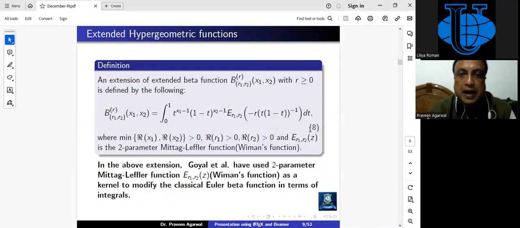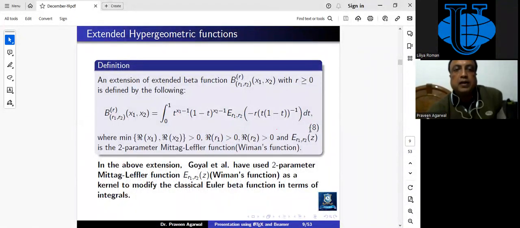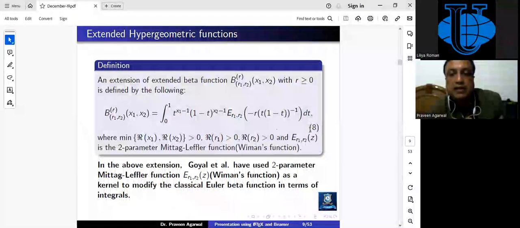Here you can see the condition of the extended beta function: the minimum real part of x1, x2 is greater than 0, and real part of r1 is greater than 0, real part of r2 is greater than 0, and E of R1, R2 is the two-parametric Mittag-Leffler function.